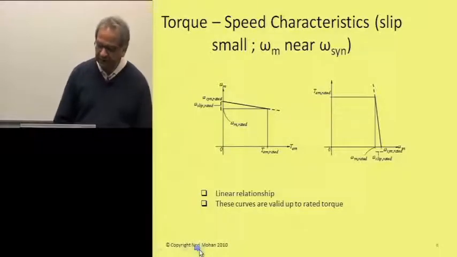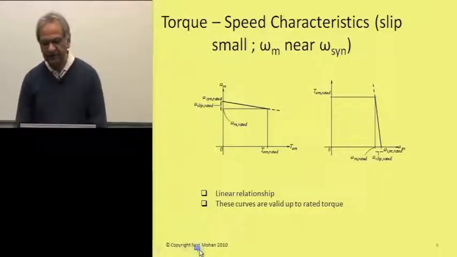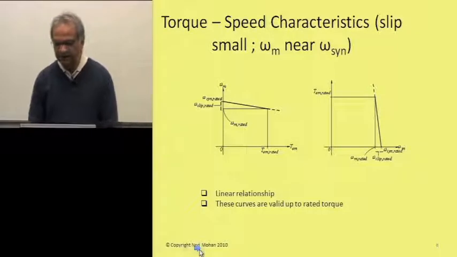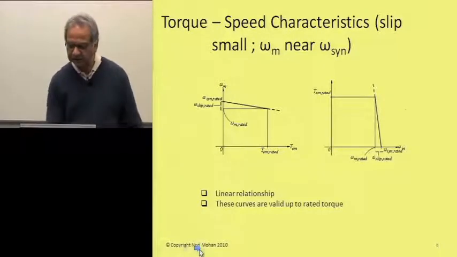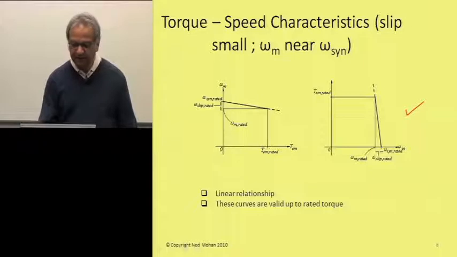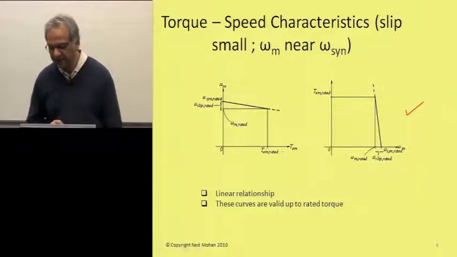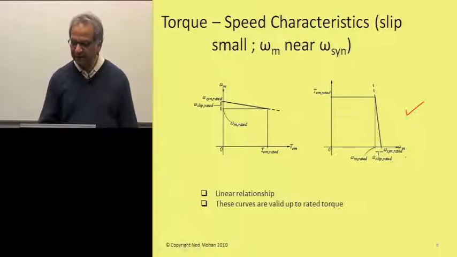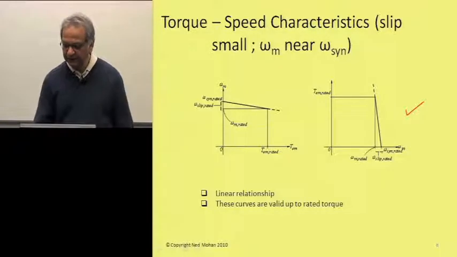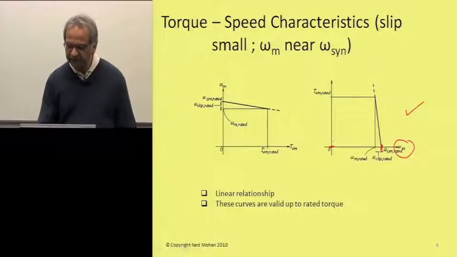So we can represent the torque-speed characteristic for induction machines. Quite often it's shown this way, but if you want to put torque on the horizontal axis, it would look like this. Let's look at it this way: omega m is being plotted here. When omega m is equal to the synchronous speed, there is no torque produced.